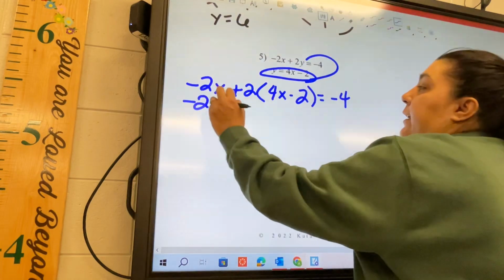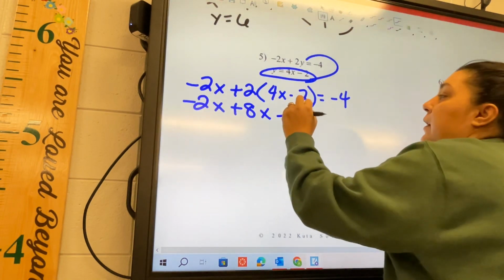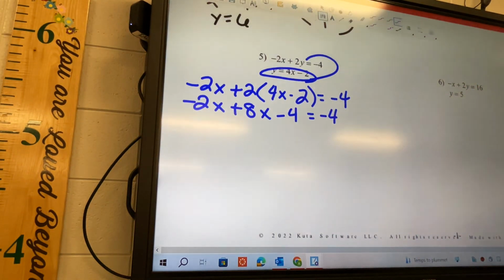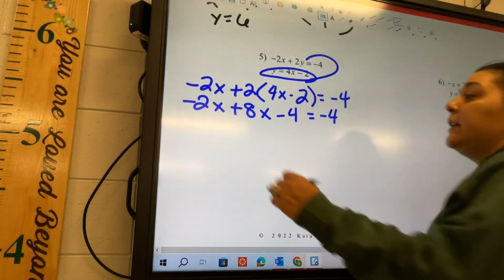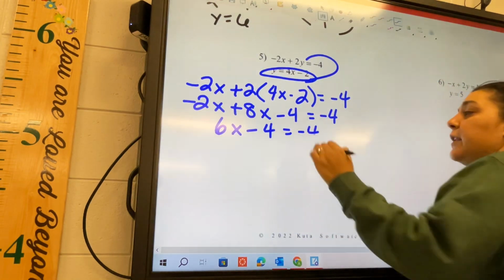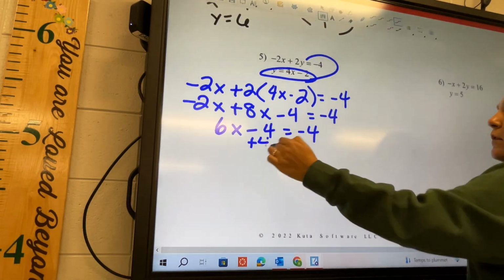Okay, so you're gonna get -2x, what did I say, plus 8x minus 4, is that right? Okay, thank you. Okay, and then what needs to happen? Combine. Okay, so 2 and the 8 can get put together, so 6x minus 4 equals -4. Add 4 to both sides.